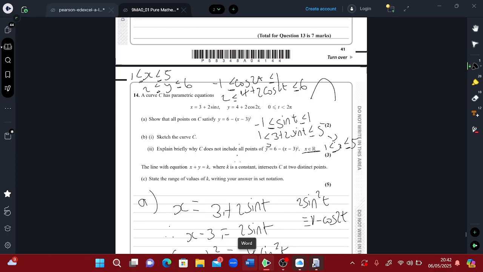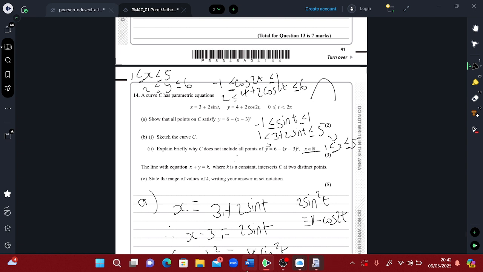So in essence, what I'm saying is the x value in particular is bounded between 1 and 5 because of how sine t is between 1 and -1. However, in reality, all the points on here encompass all x values.